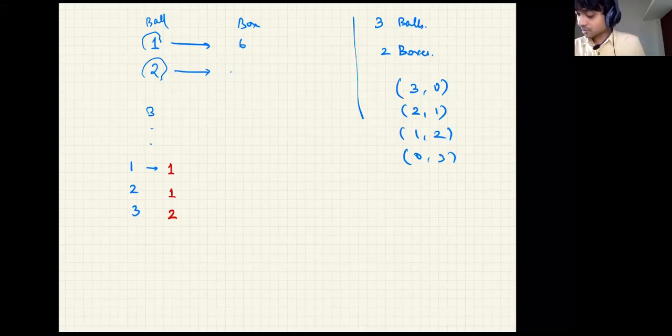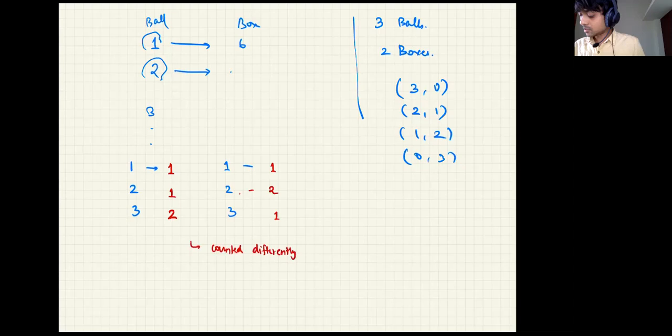Let me just put it down. 1 2 3, this goes to 1, this goes to 1, and 2 goes to 2, will be counted differently when balls are distinguishable.